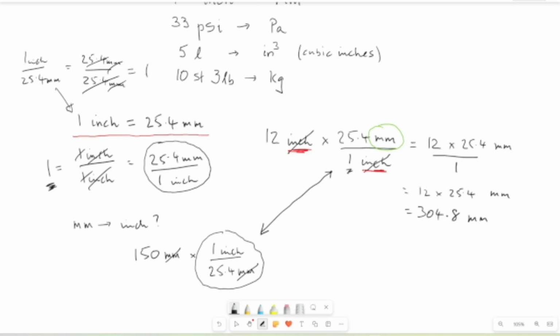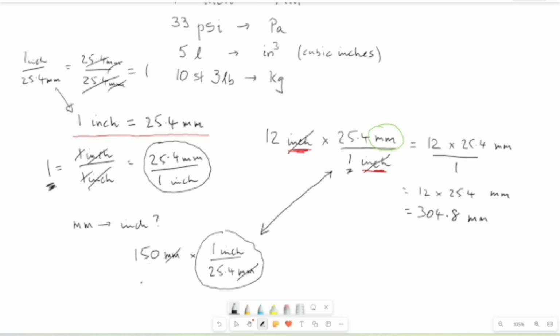So there we go. The net result of this is when we have an equation which is an equality, like 1 inch is 25.4 millimeters, we can simply write one over the other and do it either way up, whatever suits us, so we can cancel with what we want.